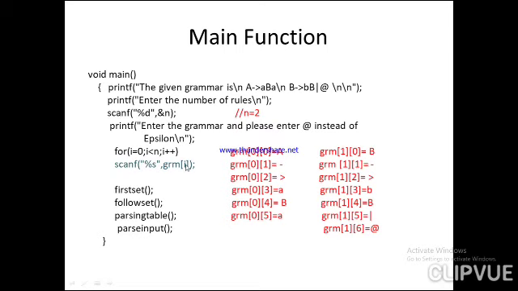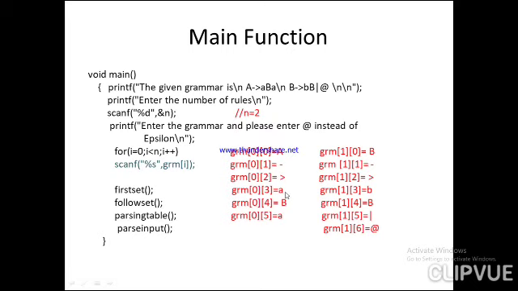So whenever it is grm of 0, it will implicitly consider it as 0,0, 0,1, 0,2, 0,3, up to 0,5, until you enter the next line. What we are reading, A, will be stored in 0,0. Then the minus symbol is stored in 0,1. The greater than symbol is stored in 0,2.